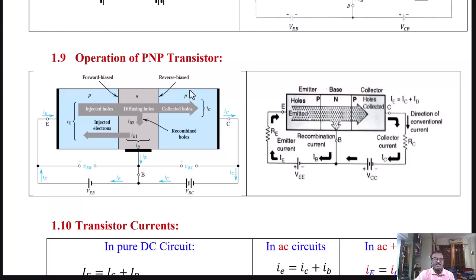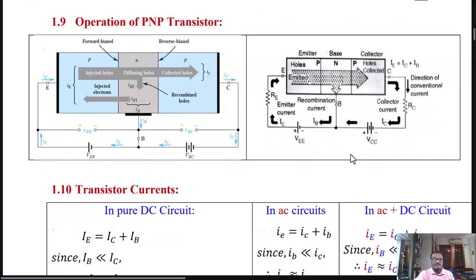Once the biasing is done, that establishes the current IE is equal to IC plus IB in the external circuit.